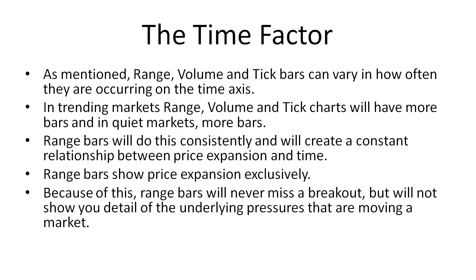Range bars will do this consistently and will create a constant relationship between price expansion and time. Range bars show price expansion exclusively. Because of this, range bars will never miss a breakout, but they will not show you a lot of detail in the underlying pressures that are moving a market. And so that is what you give up in exchange for having that bar that is showing you range expansion.